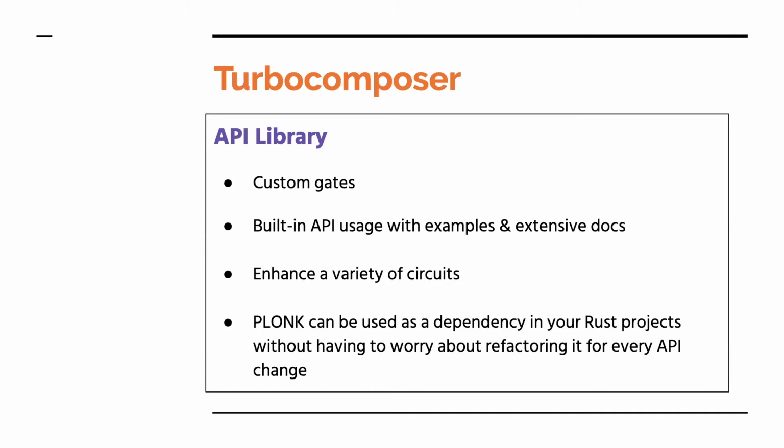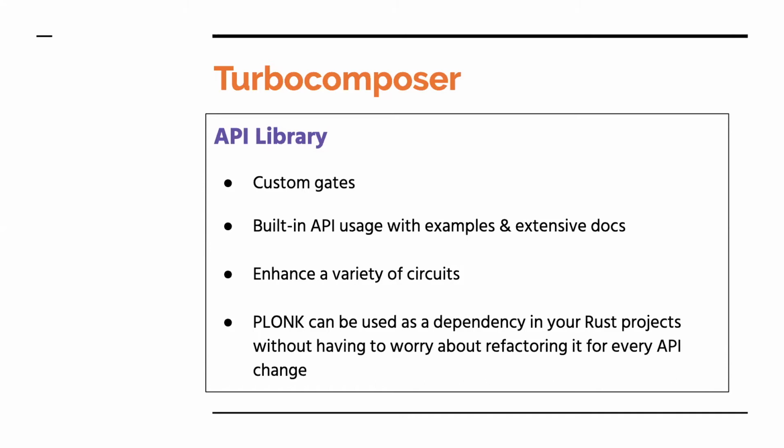We're able to, onto the third point, enhance this variety of circuits. So circuits where you're controlling the size, because you're selecting the size and number of gates, the selector polynomials, it's all in your power. You can make them large. There's no restriction on these gates, no restriction on the shape of the circuit.